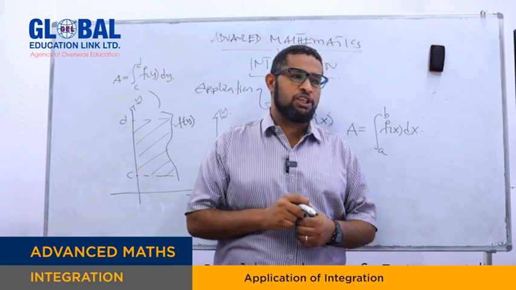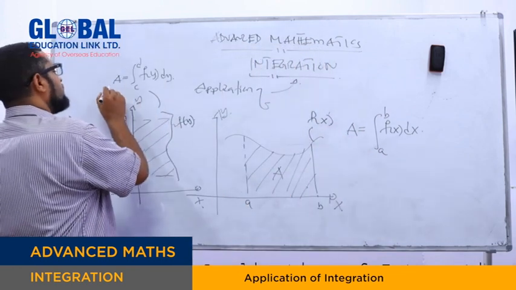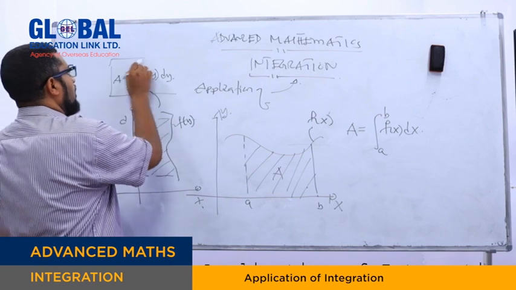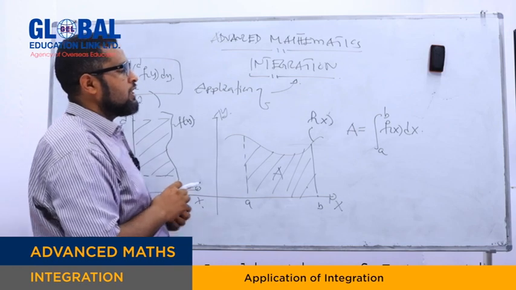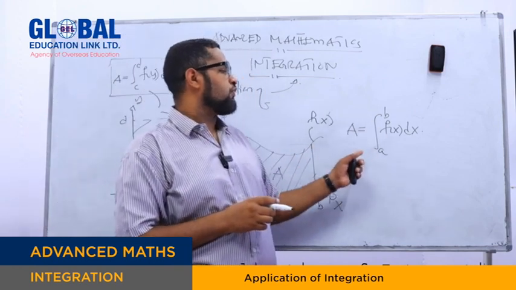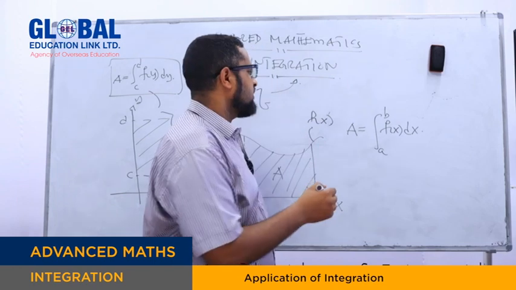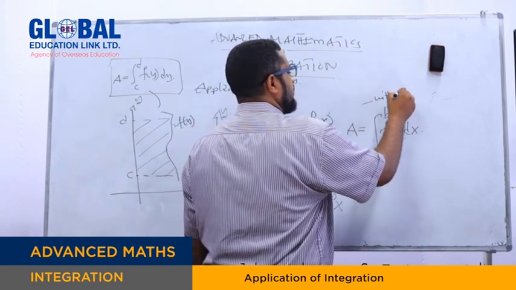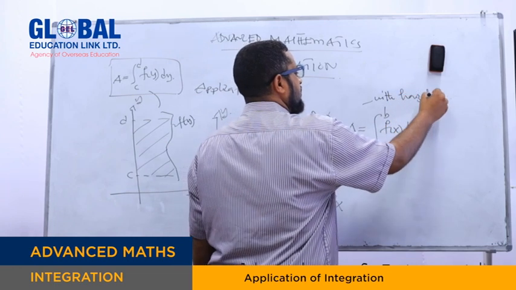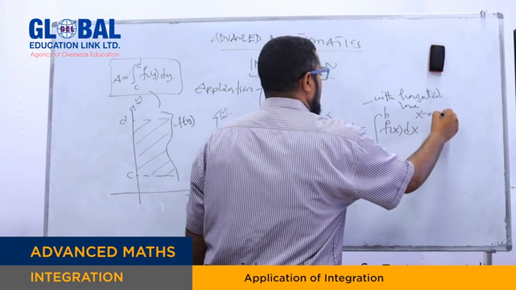Now, where do we use the area formula integral from c to d of f of y dy, and where do we use the one of f of x dx? As I said, f of x dx is used when the function is with respect to the horizontal line or the x-axis.